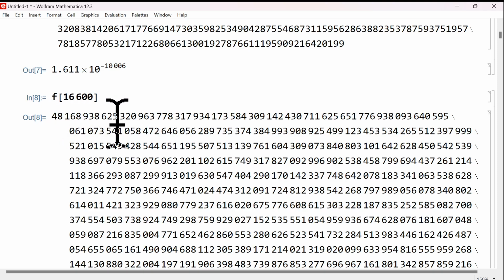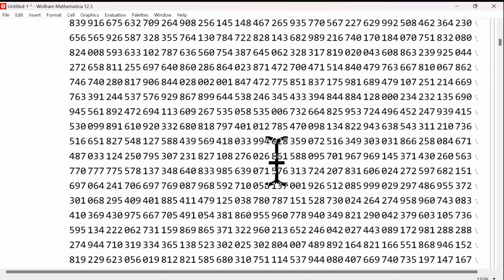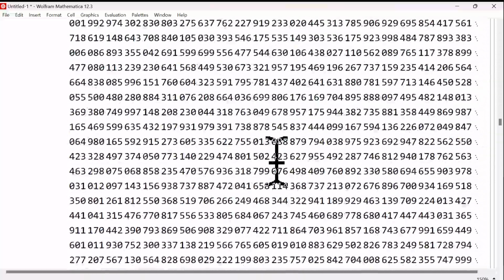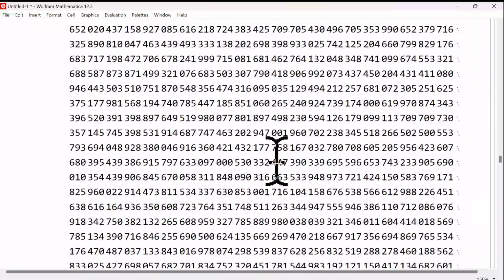You know, it is not 3.14. It does not begin with 3.14 because what I have evaluated is an exact number added.